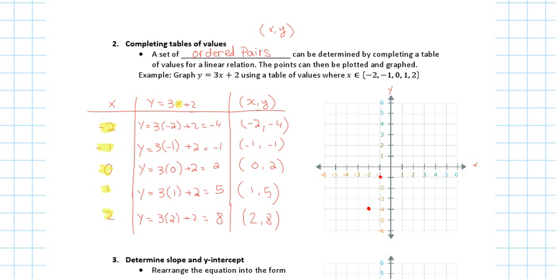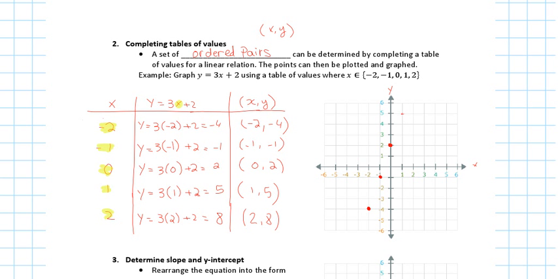0, 2. It goes on the 2, which 2? On the y, right? So 0 is right here, and I'm going to go up 2. So this is where the point is. What do we call that point? The y-intercept. Then I have 1 on the x, 5 on the y. They meet right here.